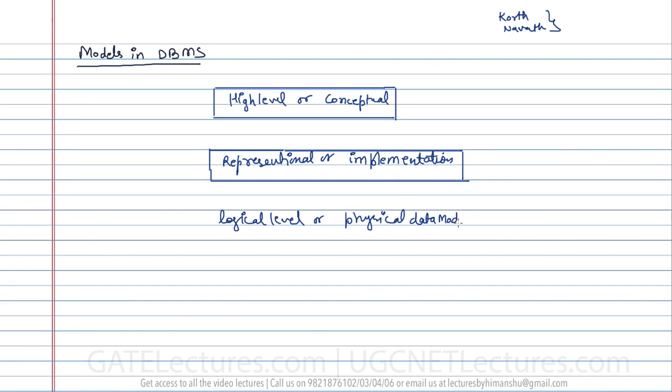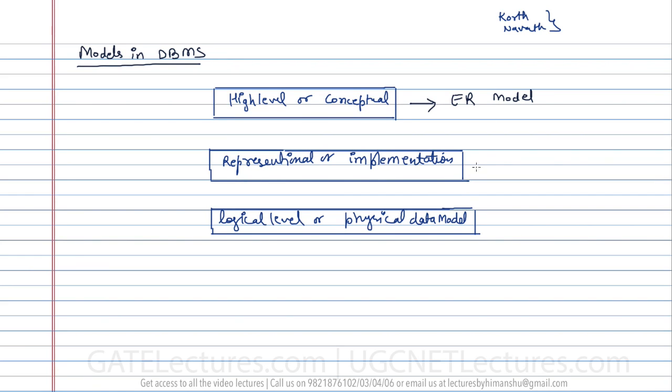When I'm saying we have these models, I'm telling you what these levels work on. For example, in the high level or conceptual model, we generally discuss the ER model, or ER diagrams, that is entity relationship diagrams.